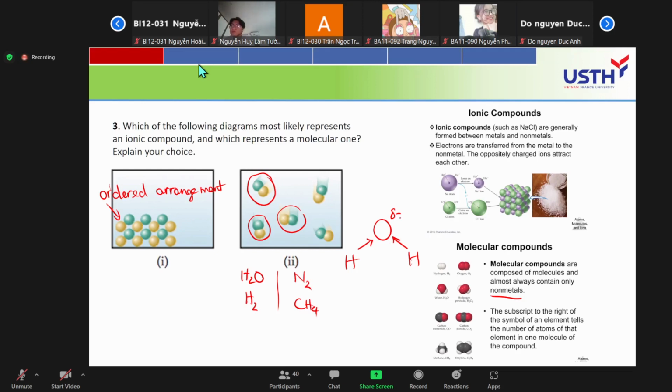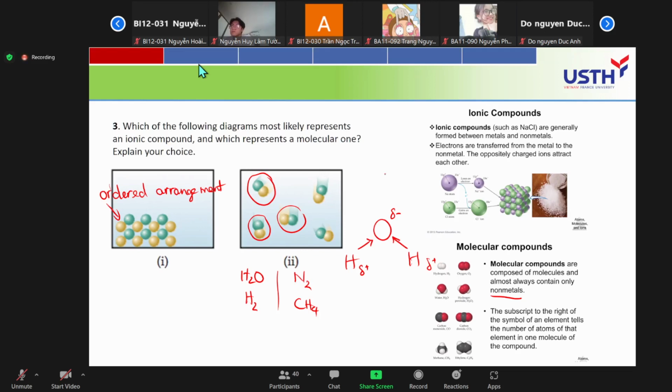So you will have a little negative charge on oxygen and a little positive charge on hydrogen. It's not a clear negative or positive like the ionic compounds, but there is still a little positive and negative.